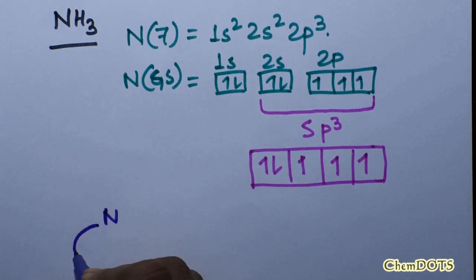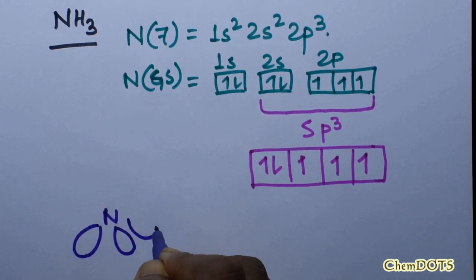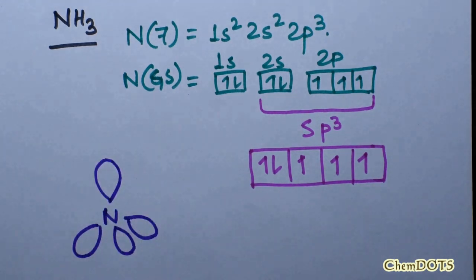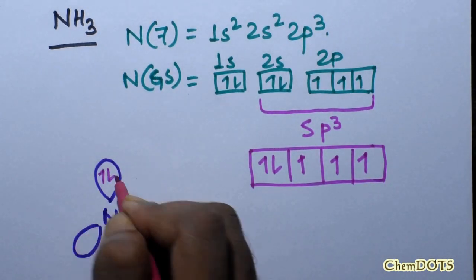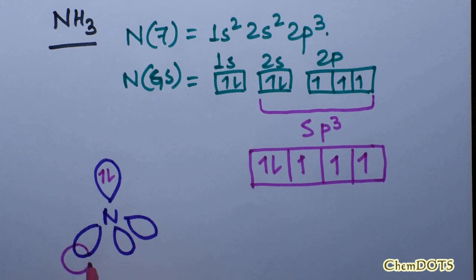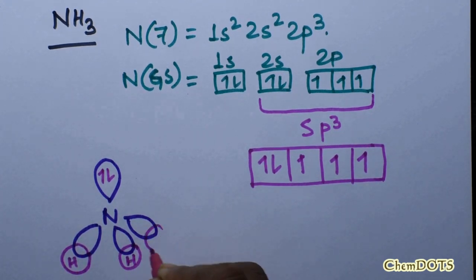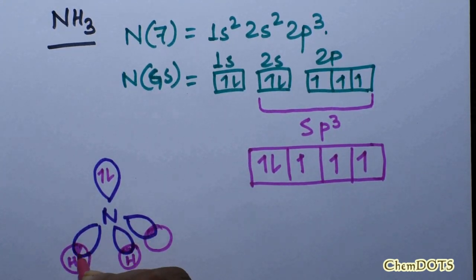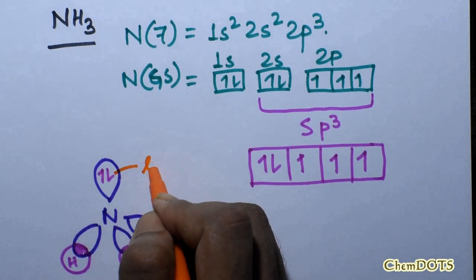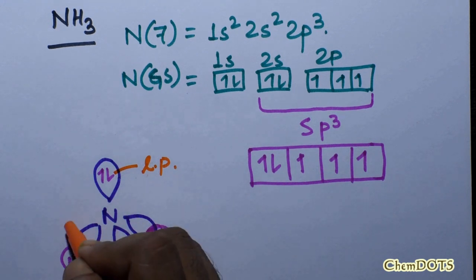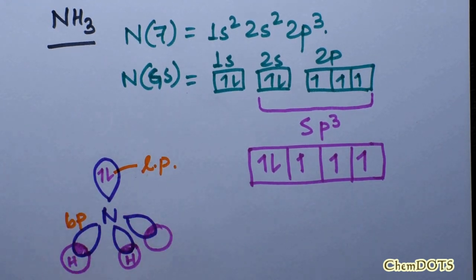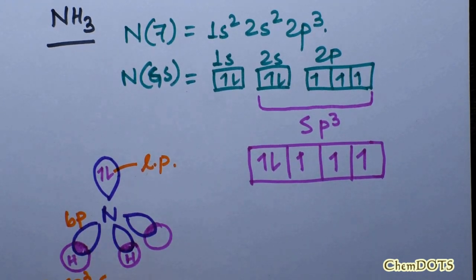Now let's see the structure of ammonia. Here are the 4 sp3 hybridized orbitals and this is the lone pair, and the 3 hydrogen atoms will form the sigma bonds with the 3 sp3 hybridized orbitals. So this is the lone pair and this is the bond pair, and the hydrogen atoms are forming the sp3-s sigma bonds.